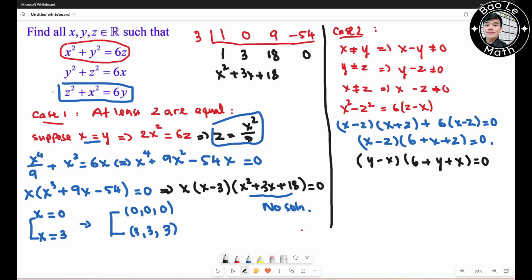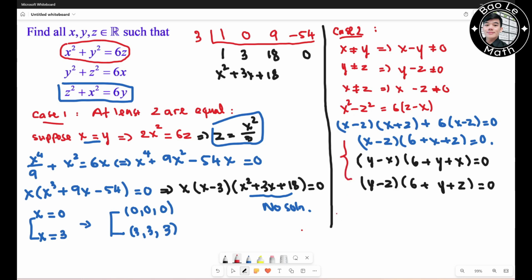And if you subtract the third one from the first one, you're going to end up with y minus z times 6 plus y plus z equals 0. So you have a system of 3 equations.